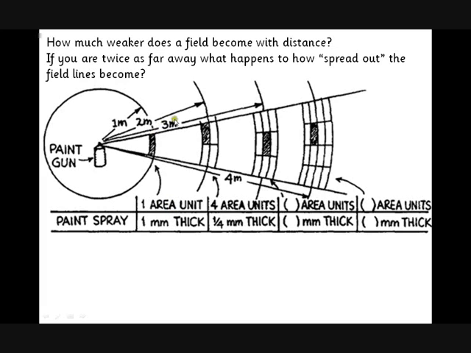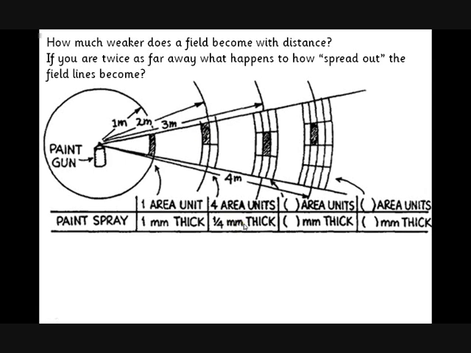If we move out now to 2 metres, you can see that because we've doubled the distance, if you drew out the squares, the unit areas that it would go over would double in both directions. So instead of having 1 unit, you'd end up with 2 by 2, or 4 units. And those 4 units would have the same amount of paint that was here. So basically the 1 millimetre of paint would be spread out over 4, so you'd only end up with 1/4 of a millimetre thickness of paint, and so on.